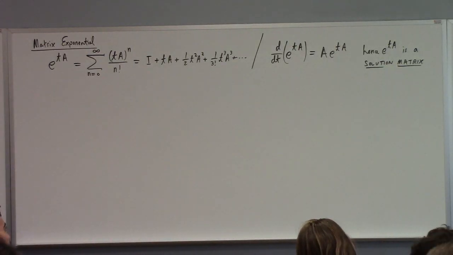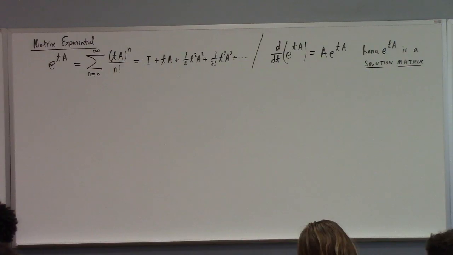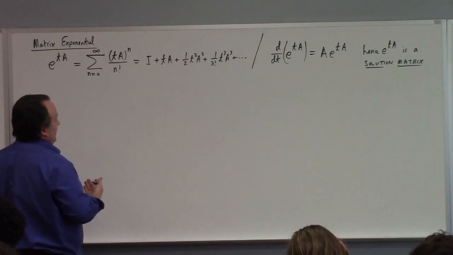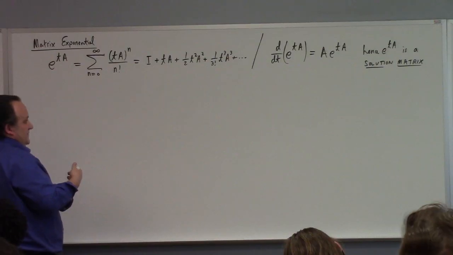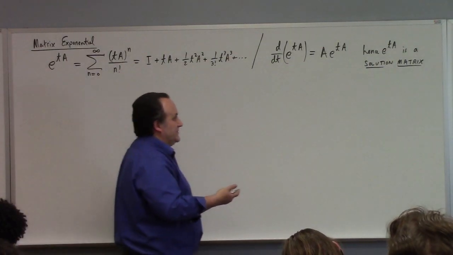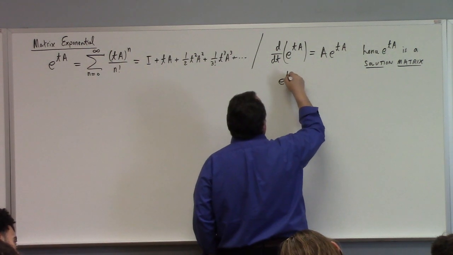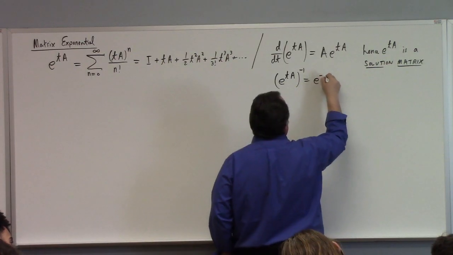All right. Good. So the matrix exponential is a solution matrix, which means that every column in the matrix exponential is a solution. All right? And I also mentioned to you guys that, in fact, the matrix exponential is a fundamental solution matrix because we can also prove, we'll talk more about this today, that the inverse of e to the tA is actually just equal to e to the minus tA.